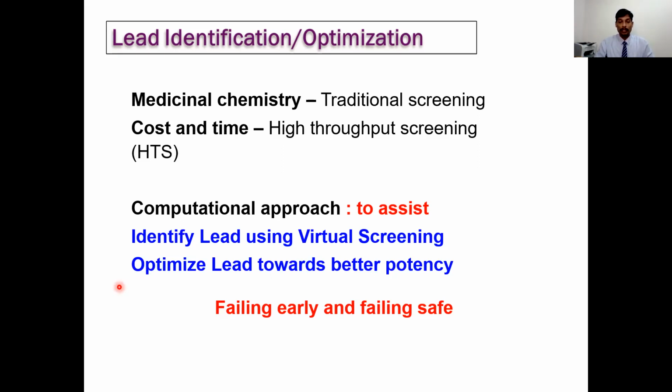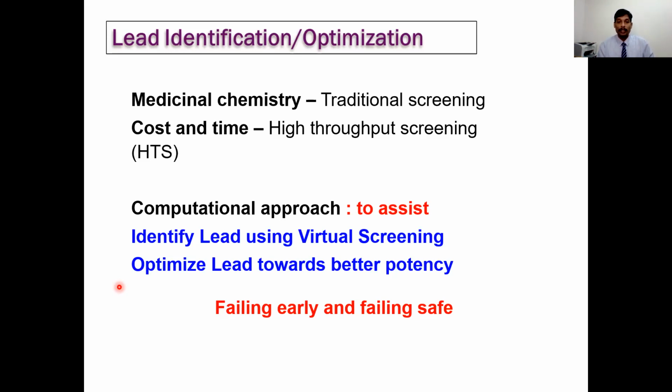One is virtual screening. That means the target and the drug candidate, or we cannot even call it a drug candidate, any ligand molecules. The first step, we just call it a ligand molecule, and whether it has the interaction or not, in silico screening or virtual screening.